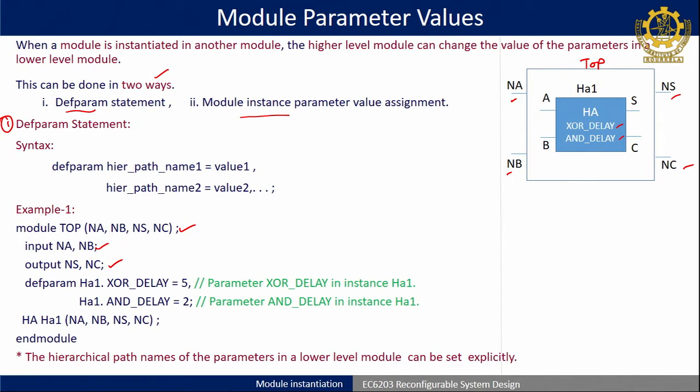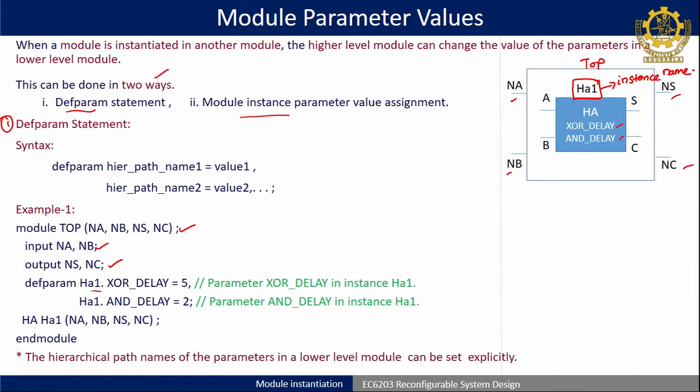So, while defining the defparam, what I will do? I will use the hierarchical path, defparam HA1. Inside the top module I am calling one half adder, and HA1 is the instance name, not the syntax name, understood.